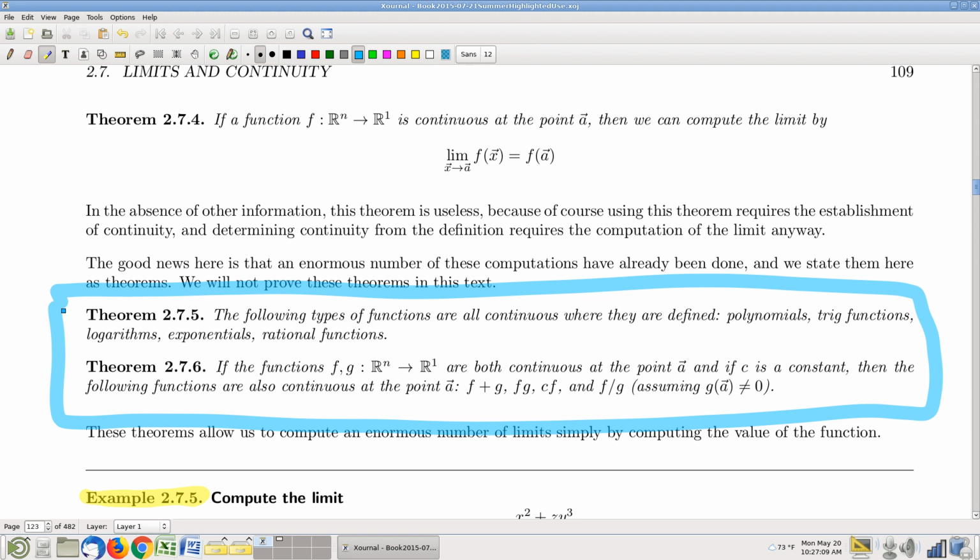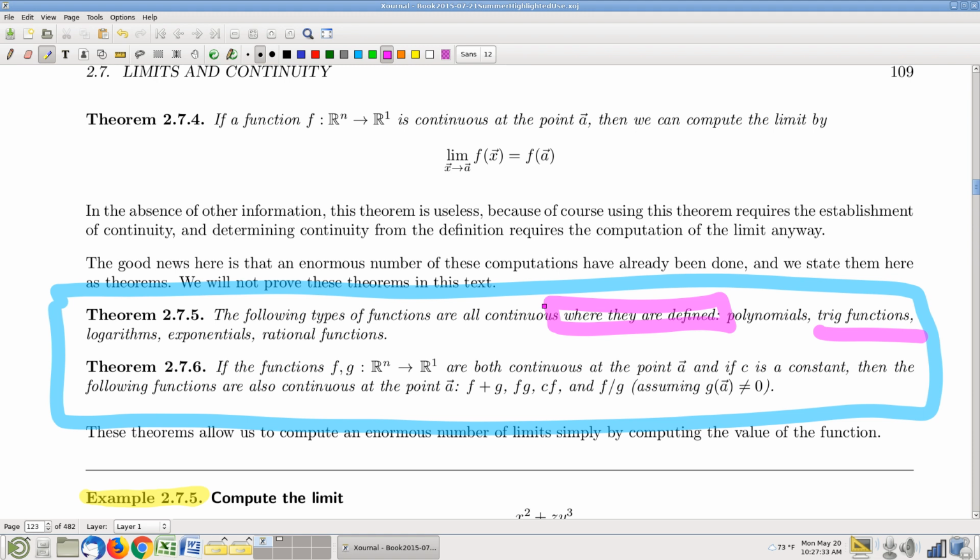Trig functions are continuous where they're defined, and do be careful about this point. I am not saying that trig functions are continuous everywhere. Certainly not tangent. Tangent has a bunch of big discontinuities in it, right? Sort of infinite discontinuities. And at those points, the trig functions are also not defined.